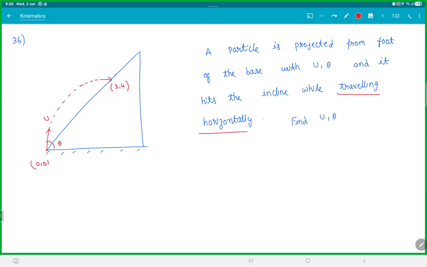So the main idea here is to figure out that when you throw a particle, the only time it travels horizontally is at h max.